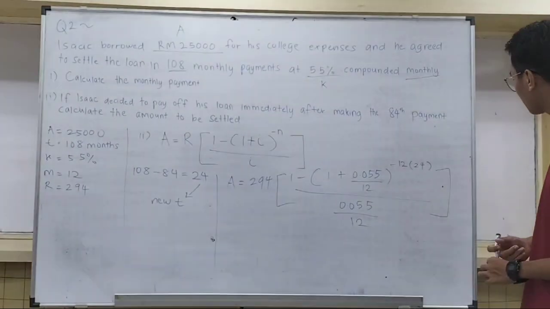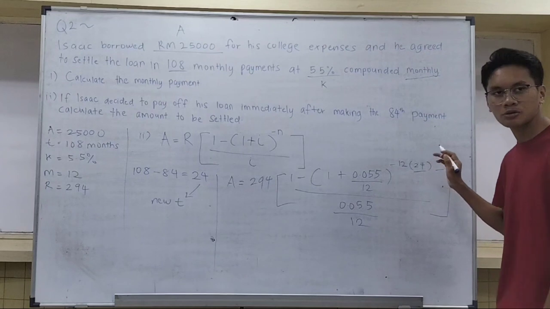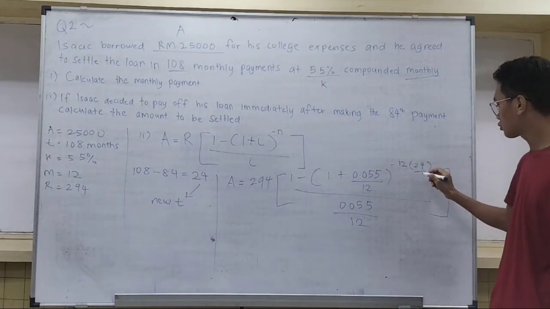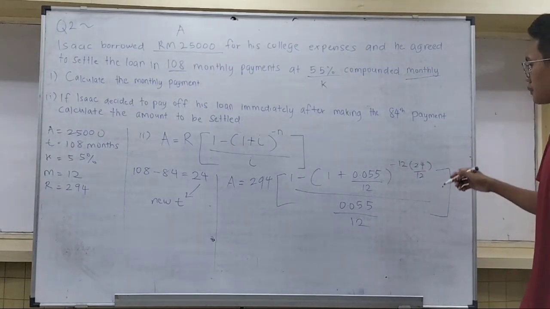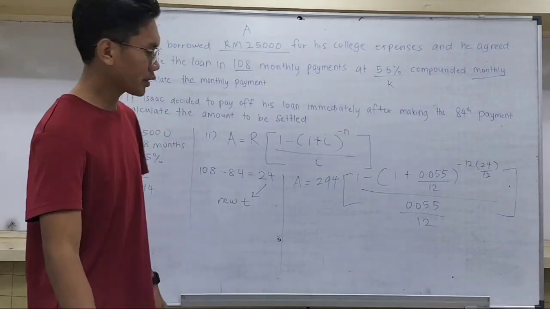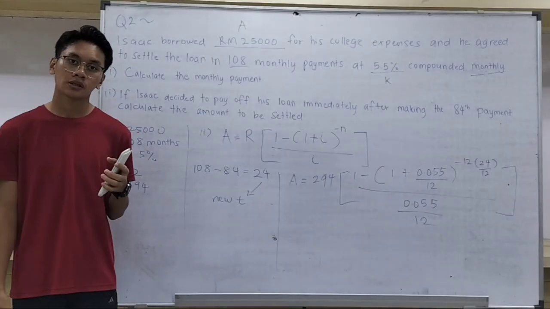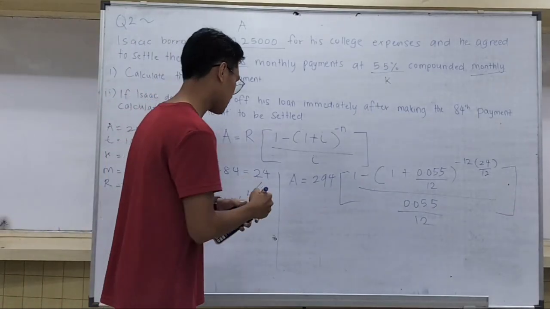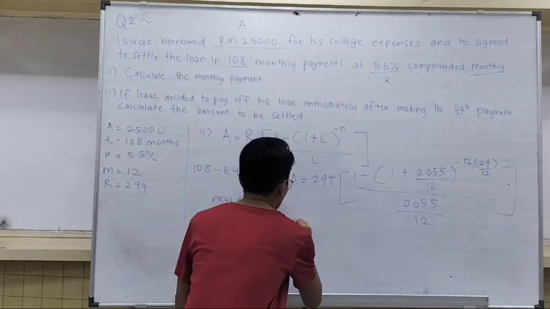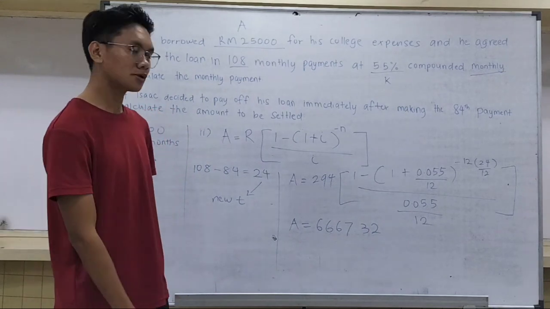Wait, something is missing. Yeah, 24 per 12, because it is in months, right? So I need to find the answer first in the calculator. Finally, I got the answer.